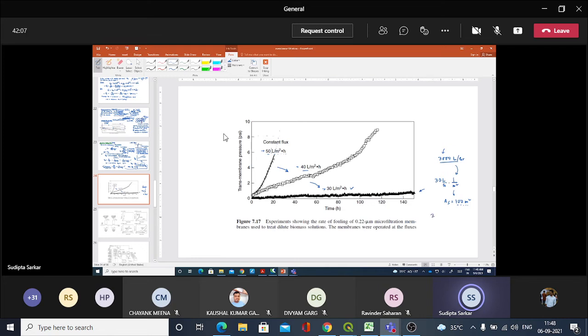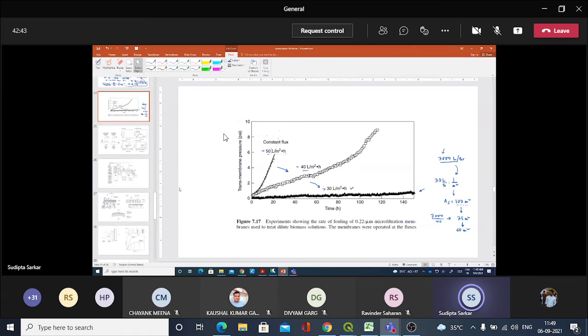Now consider this other case: 3000 divided by 40. That is your membrane area requirement, and this will be 75 meters square. And in this case, there will be 60 meters square of membrane area. So you can see that our capital investment for these three cases is different, but in these cases the operation will be easier and smoother, and you will not have a lot of disruptions during the operation.